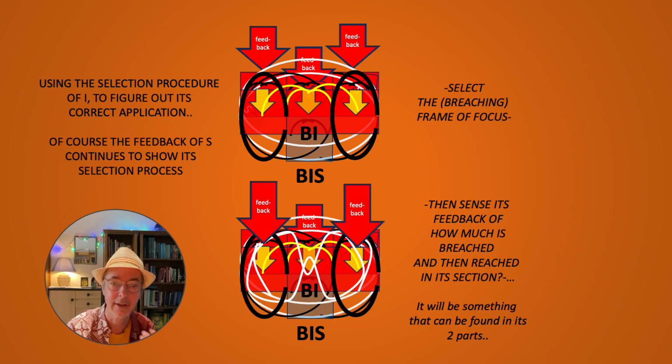My application will end in two frames, two focuses. That's the BIS, which is almost the entire meaning of it, at least the first part. It splits my focus into two frames.